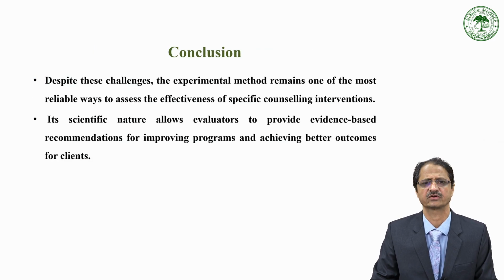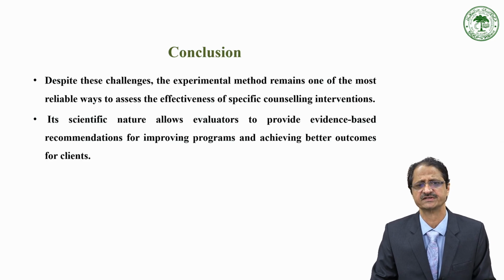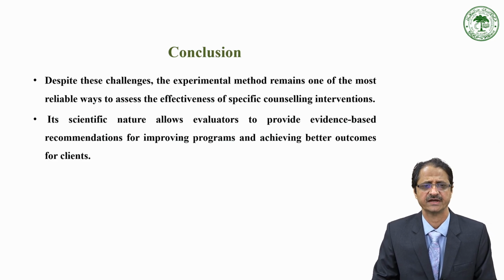Now let us conclude our discussion. Despite these challenges, the experimental method remains one of the most reliable ways to assess the effectiveness of the specific counseling intervention. Its scientific nature allows evaluators to provide evidence-based recommendations for improving programs and achieving better outcomes.